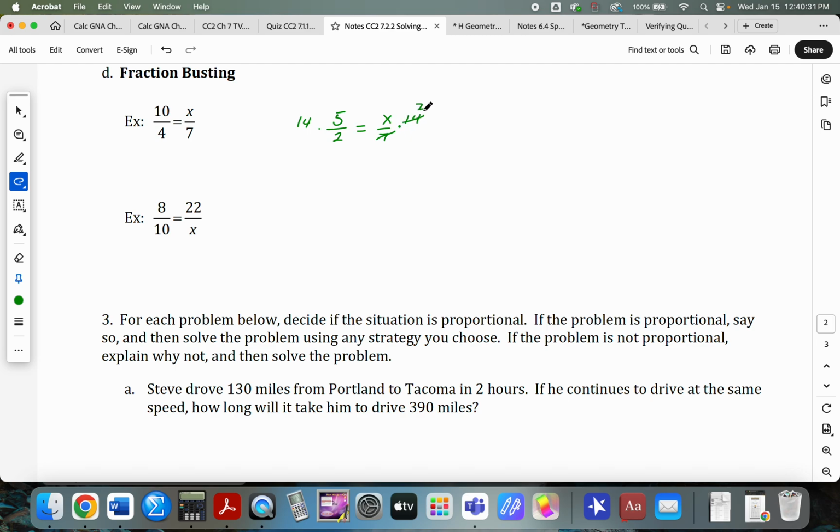Seven goes into 14 twice. 2 goes into 14 7 times. I get 35 is equal to 2x. Which, by the way, is exactly what you would have gotten if you'd cross-multiplied. Divide both sides by 2, and we have x is 17.5.